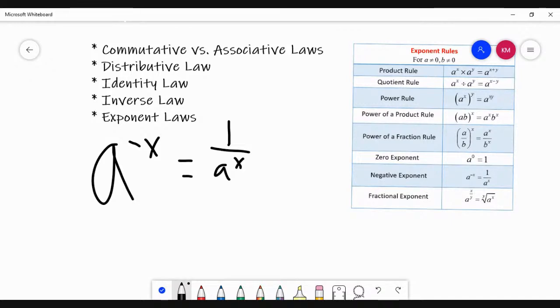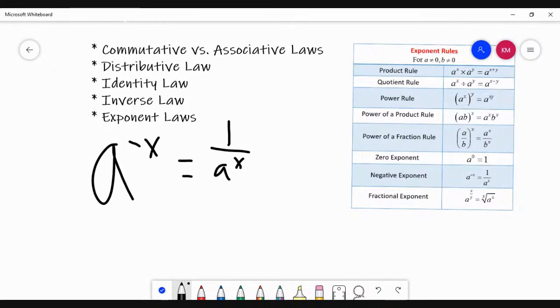This rule is for those exponents that are raised to the negative power and you want to make them positive. Because there will be some test you take, and on that test, it will say, hey, all it wants is positive exponents. So what happens if you come up with a negative exponent?